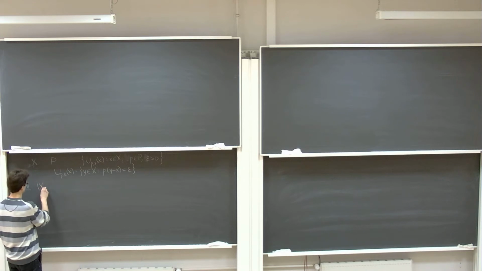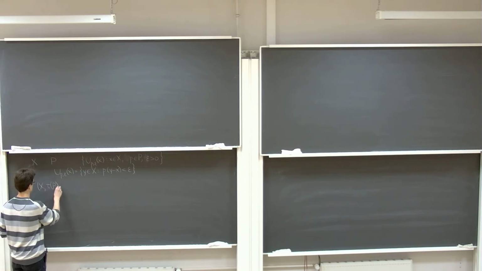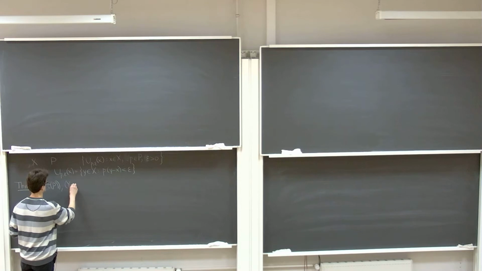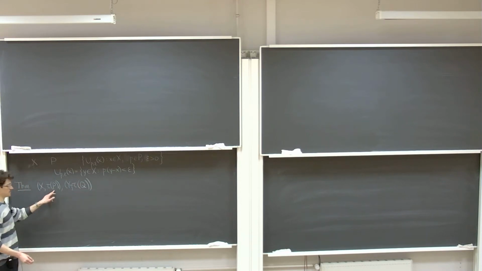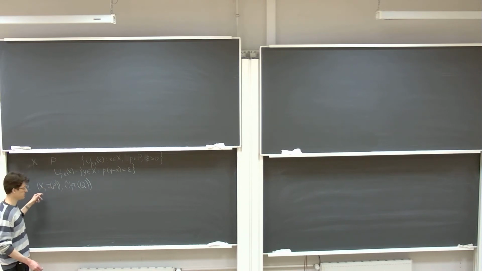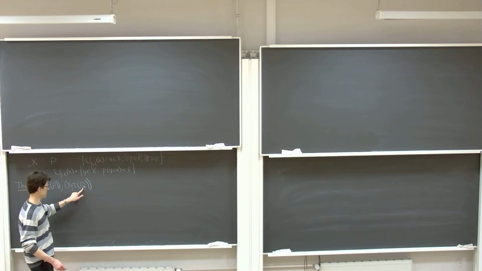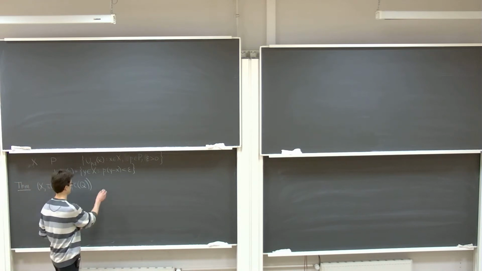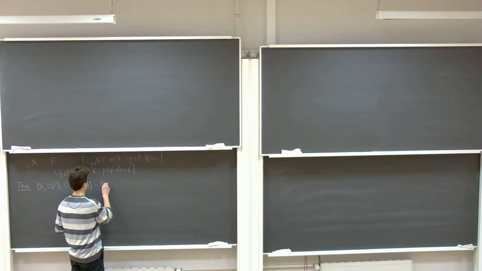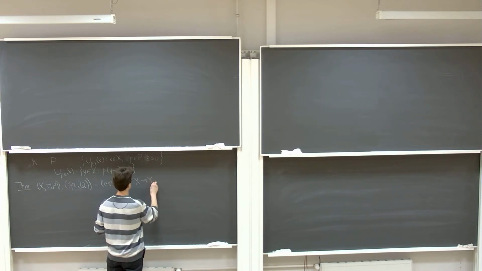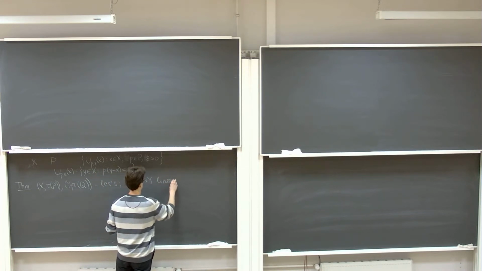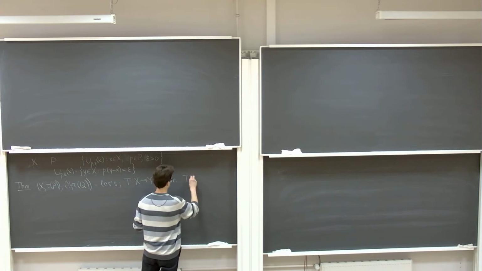Suppose that we have two locally convex spaces, X and Y, and we assume that P is a defining family of seminorms on X, that is the family which generates the topology on X, and Q is a defining family of seminorms on Y. So we have two locally convex spaces and a linear operator T from X to Y. The following conditions are equivalent.